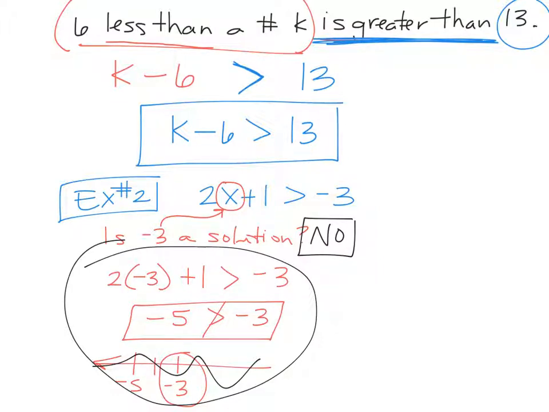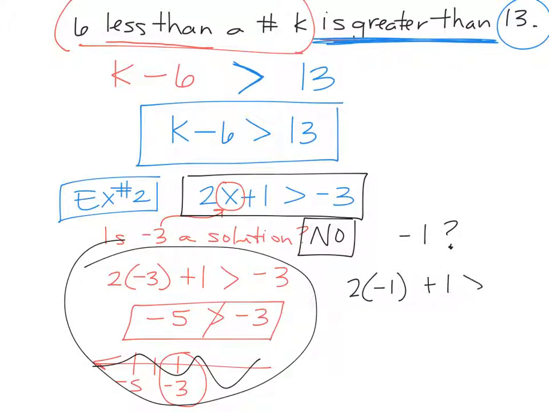Okay? How about the same inequality? 2x plus 1 is greater than negative 3. Is negative 1 a solution? So we're going to plug in negative 1. 2 times negative 1 plus 1 is greater than negative 3. So you have negative 2 plus 1 is greater than negative 3.